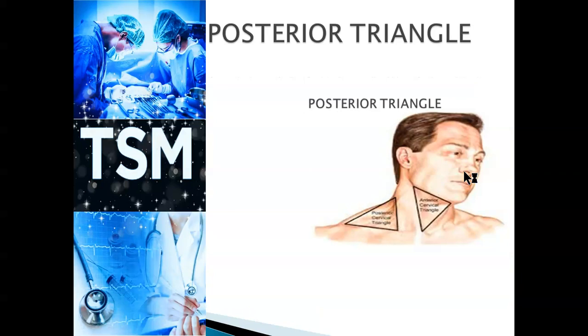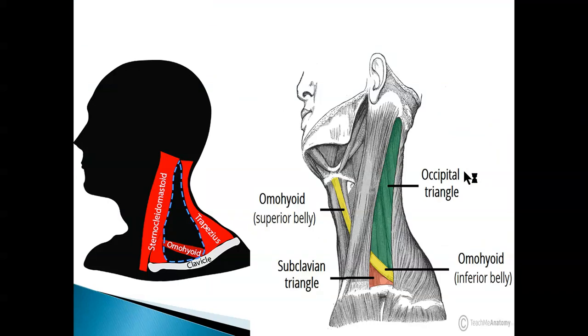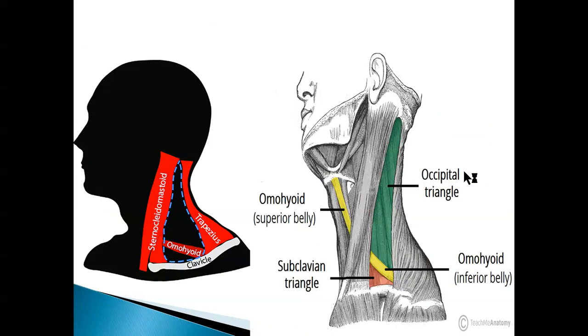Now let's talk about the posterior triangle. Here we have the posterior triangle. It is divided into an upper part and a lower part with the help of the inferior belly of the omohyoid. This one is your occipital triangle, the upper part, and this one is your subclavian triangle.